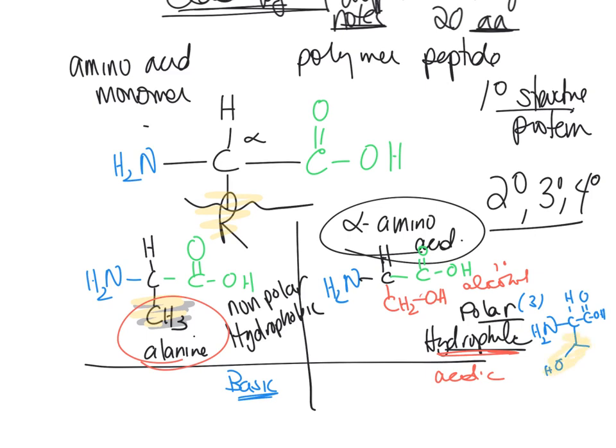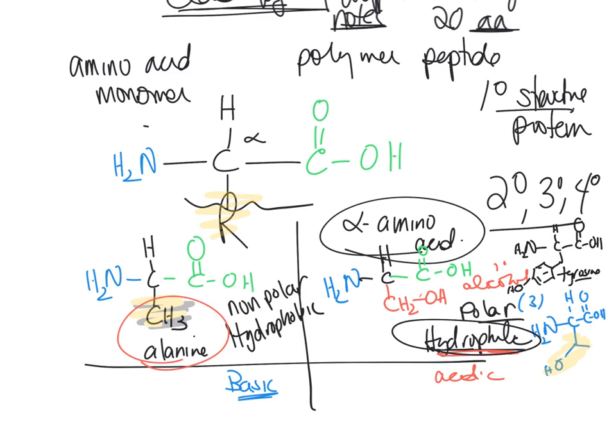And then the other alcohol we have, and these are all going to be polar, would be a phenol. And that would look like this, OH, and this is called tyrosine. So you need to classify each of the amino acids.